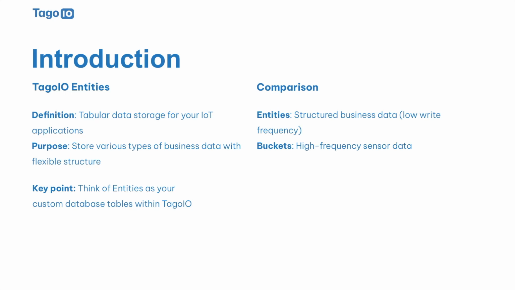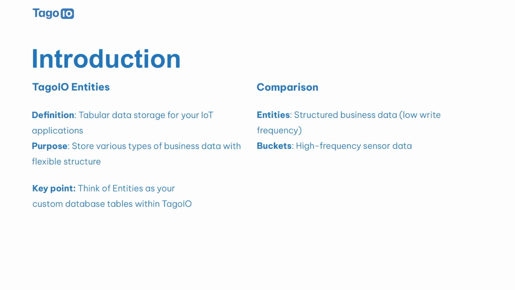So there is a lot of functionalities we still want to bring to entity to make it even more useful than it is today. But I want to give you a bit of introduction and how you can already start using TagoIO entities to manage and organize your applications, data, and information.